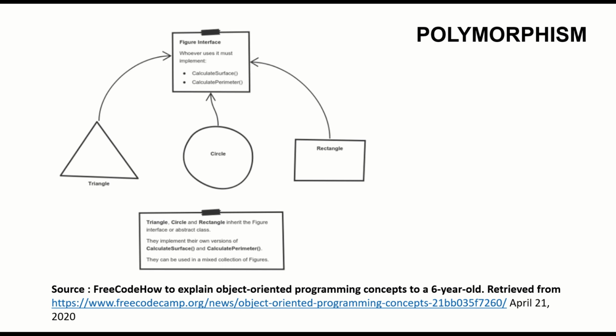And the last pillar is polymorphism. Polymorphism means you may reuse the methods and implement them in a child class differently. When you implement polymorphism, you have a method with the same name, but it will be implemented differently. For example, in this diagram, we have our class circle, and the methods are calculate surface and calculate perimeter.